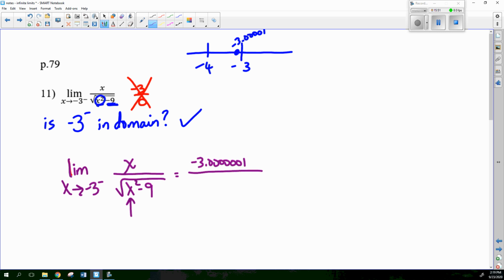So when I subtract 9, it'll be a really tiny positive, and when I take the square root of it, it'll still be a really tiny positive. So on top I have a negative number, might as well just say -3, and on the bottom I have a really tiny number. When I divide those, I'm going to get some sort of infinity, and because the top number was negative, this is going to equal negative infinity.